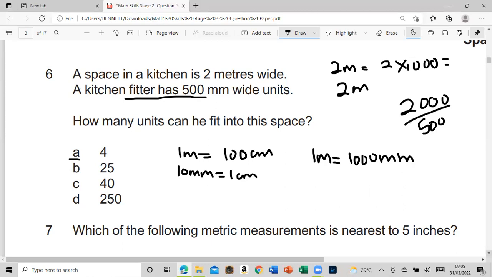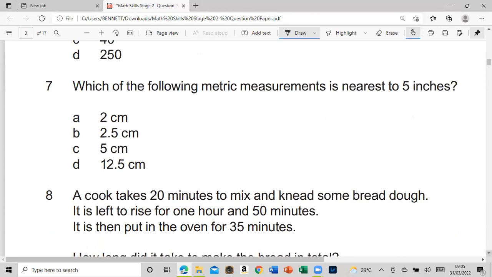Alright. On to number 7. Which of the following metric units is nearest to 5 inches? Alright. So we get 2 centimeter, 2.5 centimeter, 5 centimeter, and 12.5 centimeter. What we have to remember, guys, is that, whoa, my record.